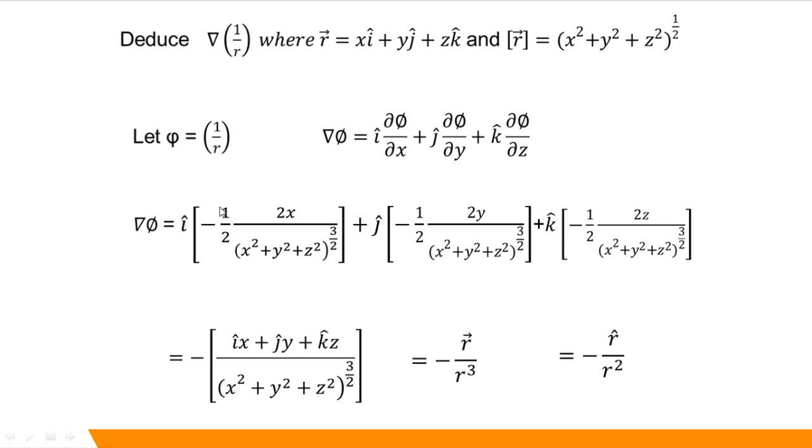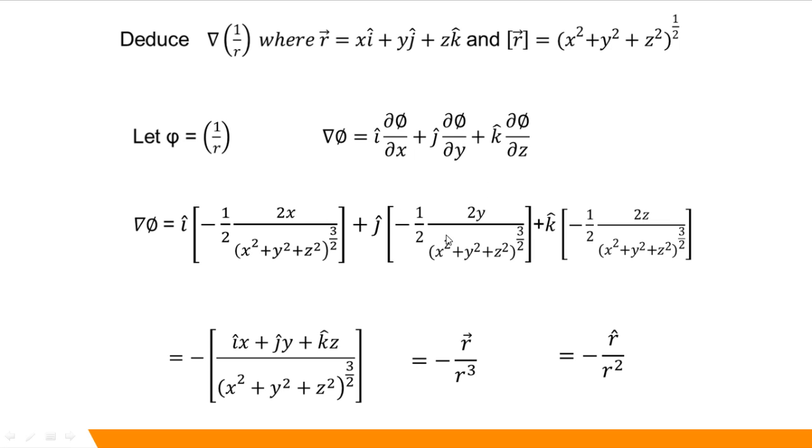Okay, so minus of 2x and then this to the power minus 3 by 2. (x square plus y square plus z square) to the power minus 3 by 2, you take it to the denominator, that becomes power 3 by 2, minus kept as it is, 2x, this is the first term. Now no need of doing the remaining terms, just change x, y, z.